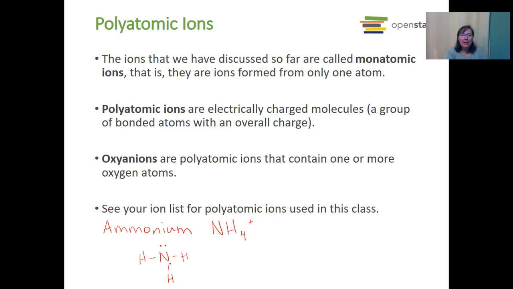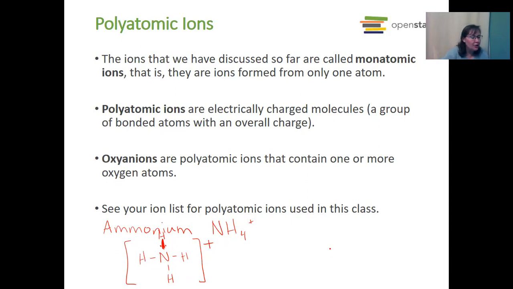Here's ammonia, and you've all heard of ammonia. What you do is you take an H+ and add it on. So instead of those dots there, now you have another H. That means you have that H+, so the whole thing has an overall positive charge. What you have is a molecule, NH4, and the whole thing together carries a +1 charge. So it moves around as a group. You can't take the NH4 and split it up into different pieces.